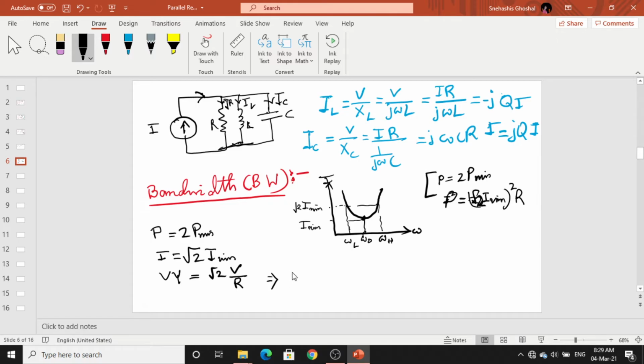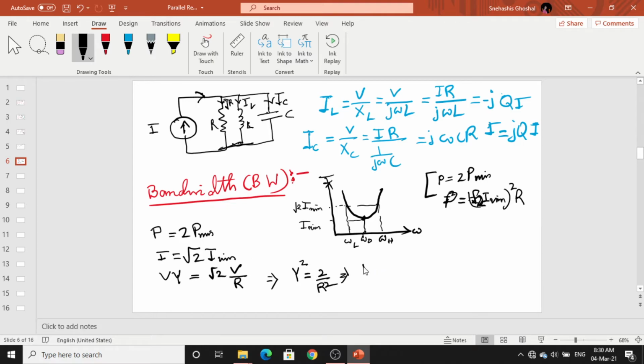So we can say that Y square equal to 2 by R square. Root 2 becomes square, V cancels out, so Y square equal to 2 by R square.